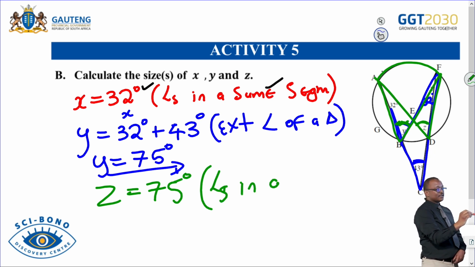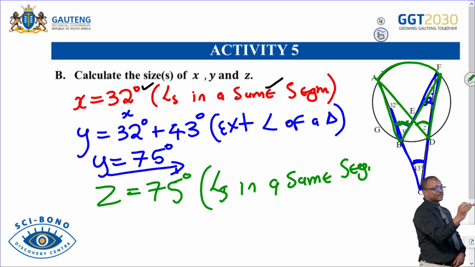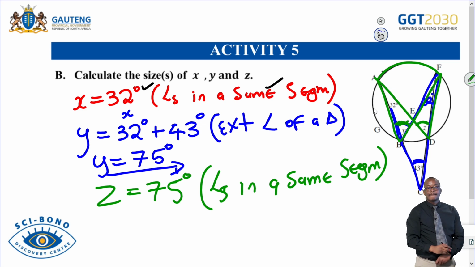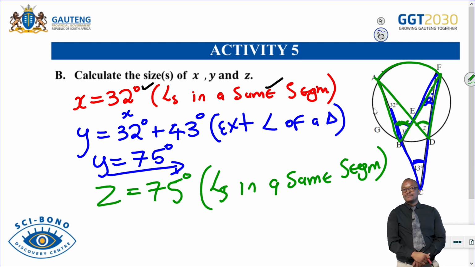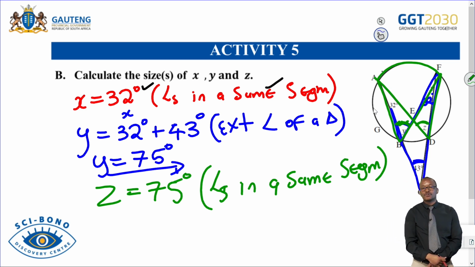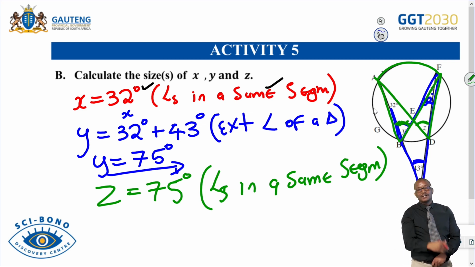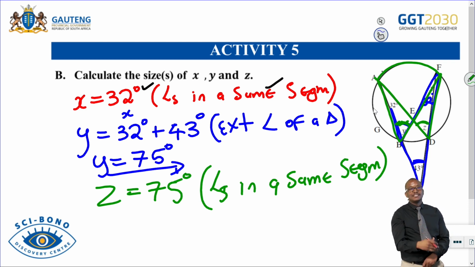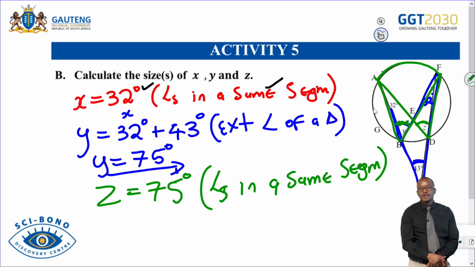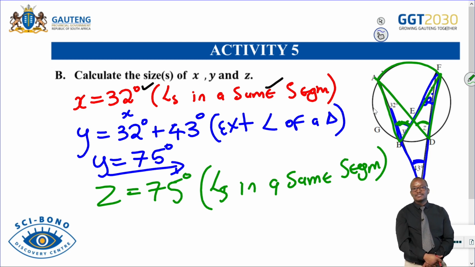Angles in the same segment. So that's basically how you answer this type of question. You need to be able to analyze your diagrams. Not always will you have a one-way answer, like we calculated x, where we just identified that x is equal to 32 by angles in the same segment.